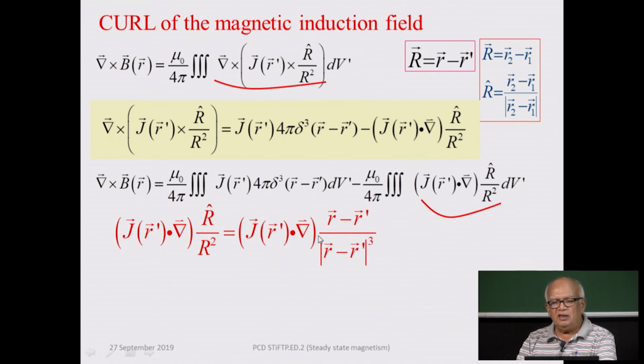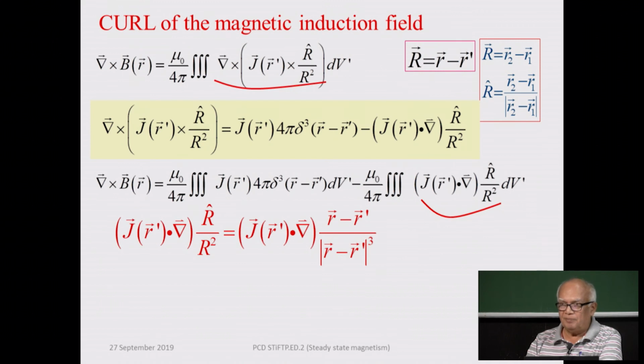Now look at this term in this bracket, the J dot del. J dot del is an operator. It operates on an operand, which is this. The operand is a vector. It is the difference vector r minus r prime divided by the cube of the modulus of the difference vector.